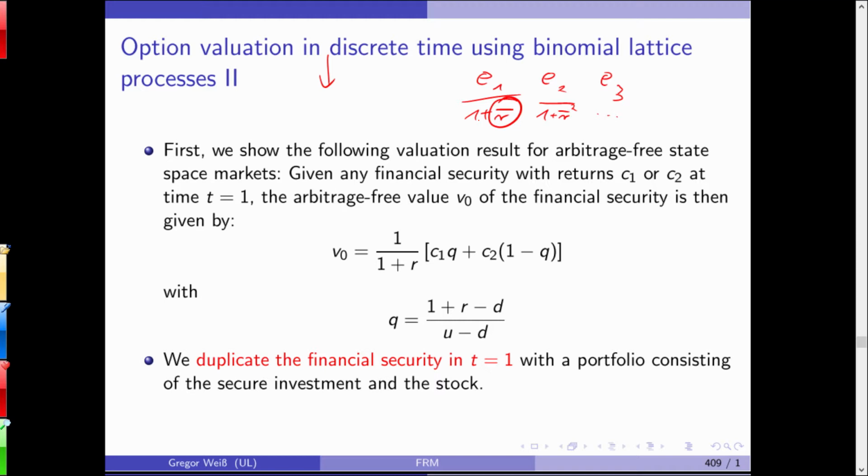Now, what can you do instead? You can argue that prices should not be priced in this way, but instead in such a manner that you have a probability Q and a second probability 1 minus Q, and you assume that a price is equal to the expected value of the payoffs, discounted.